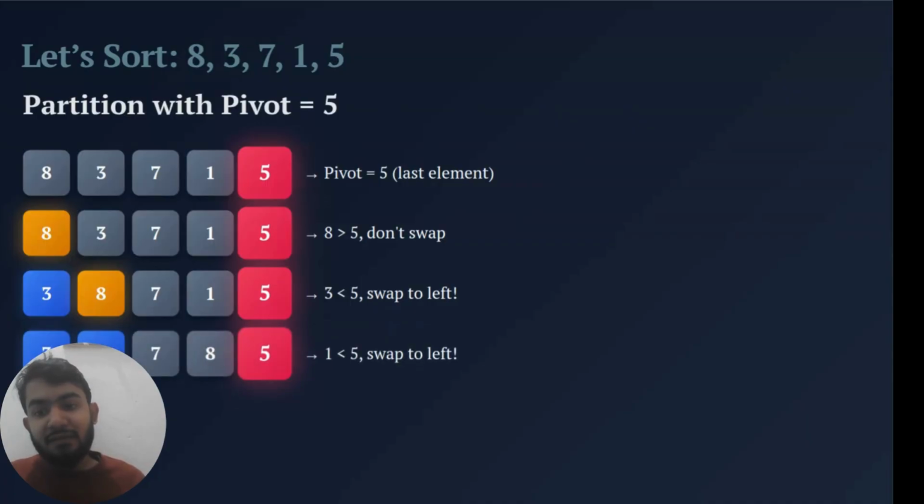And then 7 is greater than 5, so there is no swap needed for 7. And then we find that 1 is less than 5, so 1 is to be swapped to the left. So why is 1 not placed at the first element position? Because 3 is already there, so we need to compare with 8.